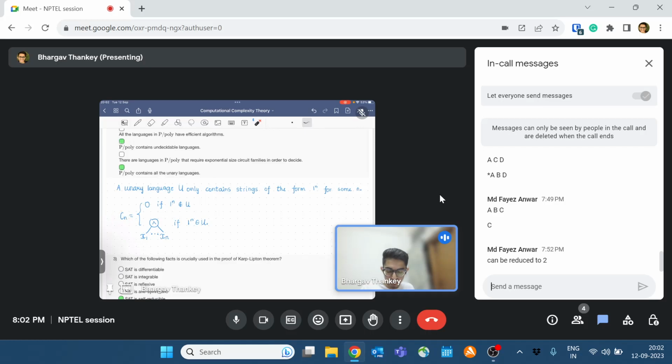And what did we do? We crucially used non-uniformity, because the circuit is hard coding the strings, right? This you need not be able to do using a Turing machine, right? Yes, now I get it. Okay, thank you.